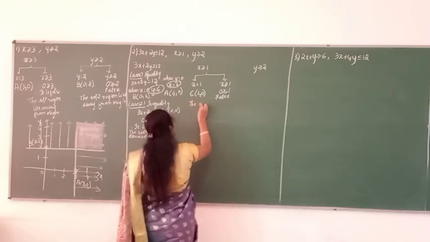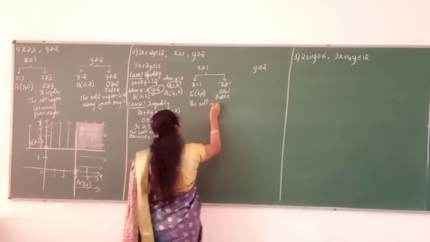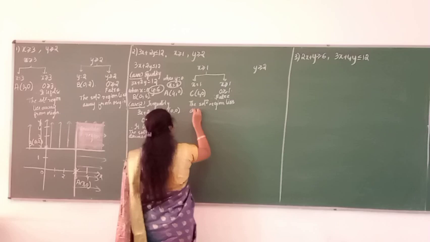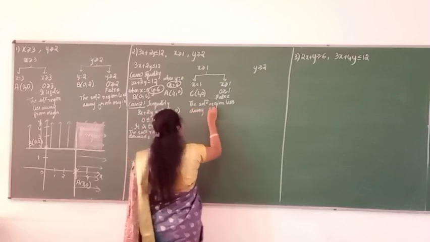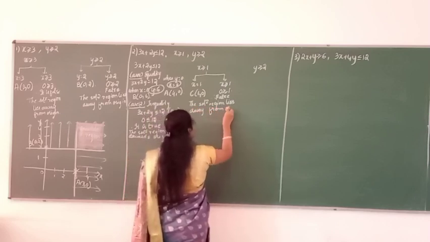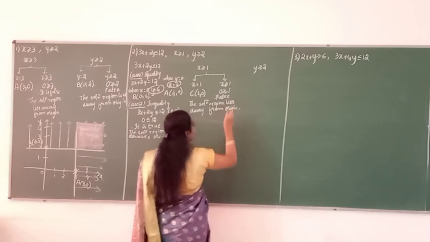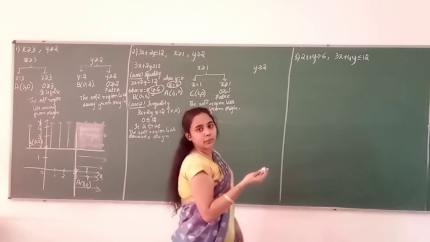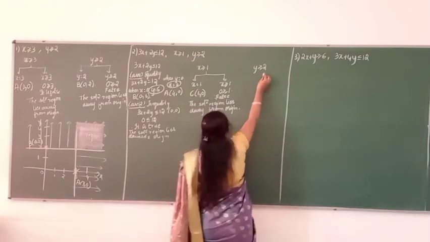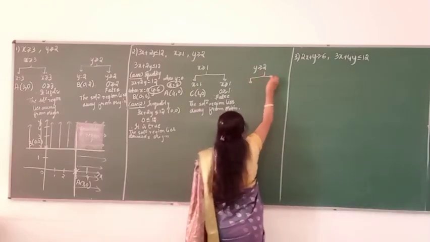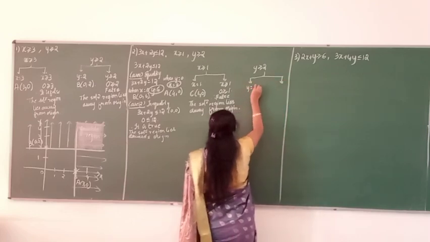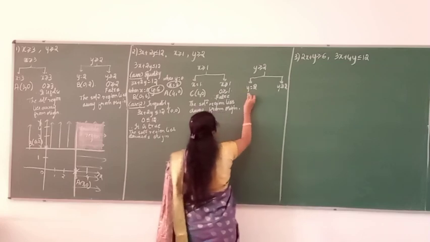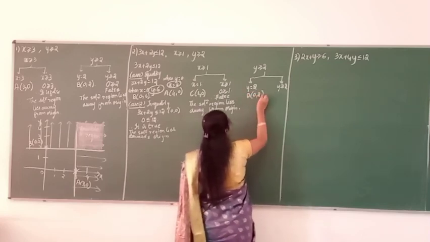The solution region lies away from origin. Okay. Next we'll move on with the third inequality which is given here. y is equal to 2 and y is greater than or equal to 2. So this will be your D coordinate, which is nothing but (0, 2).